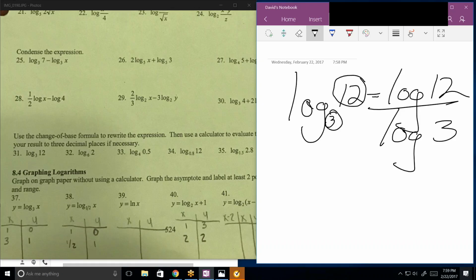So what's 32? 32 would be log 2 over log of 6. 33? Log 0.5 over log 4. Okay, that's all you need to know for change of base. And you need that for certain calculators. Certain calculators only have a common log key and a natural log key.